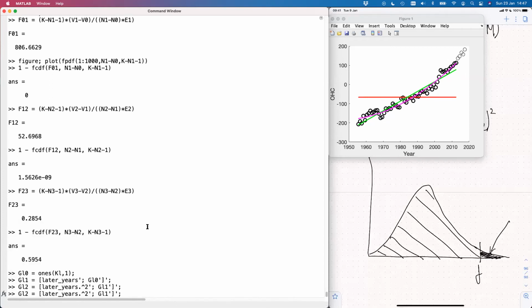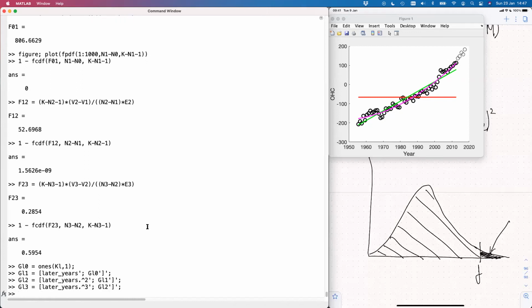For the last model, append the left out years cubed. Okay, so there are our design matrices for these unseen measurements. So now let's predict what those measurements are for each of our models, using exactly the same formula as we did previously, but with the new design matrix.